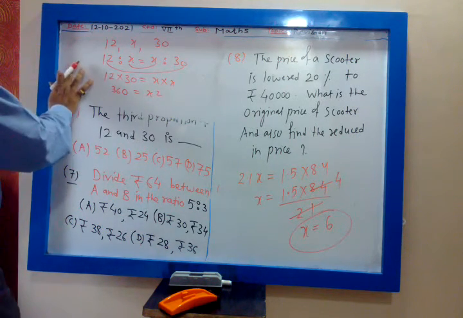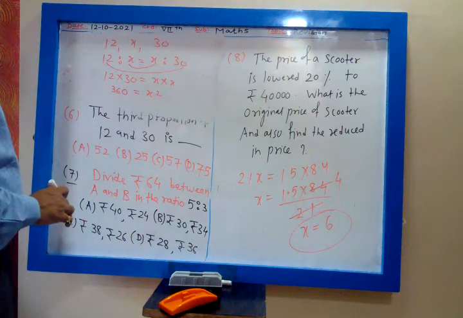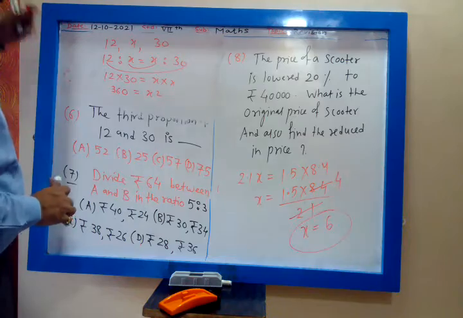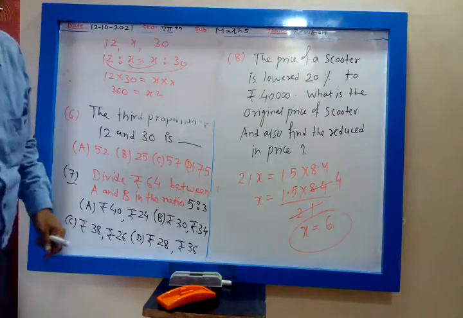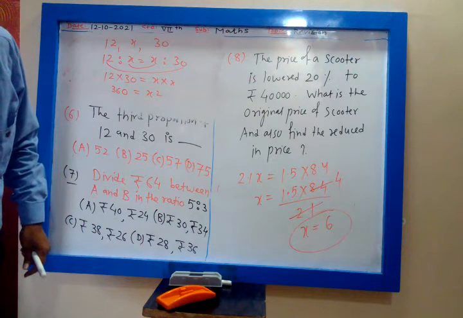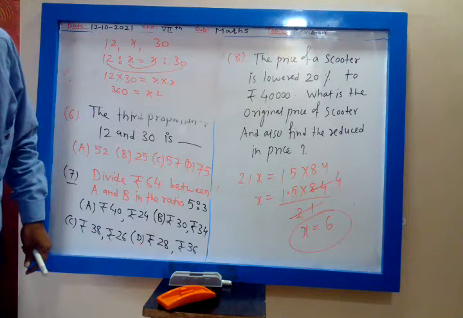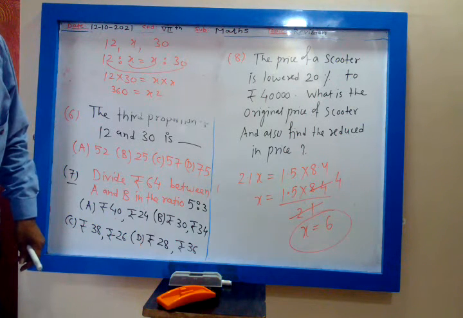Now what is that? Is it clear? Find the third proportion. No, my dear. Are you getting this? 12 and 30.